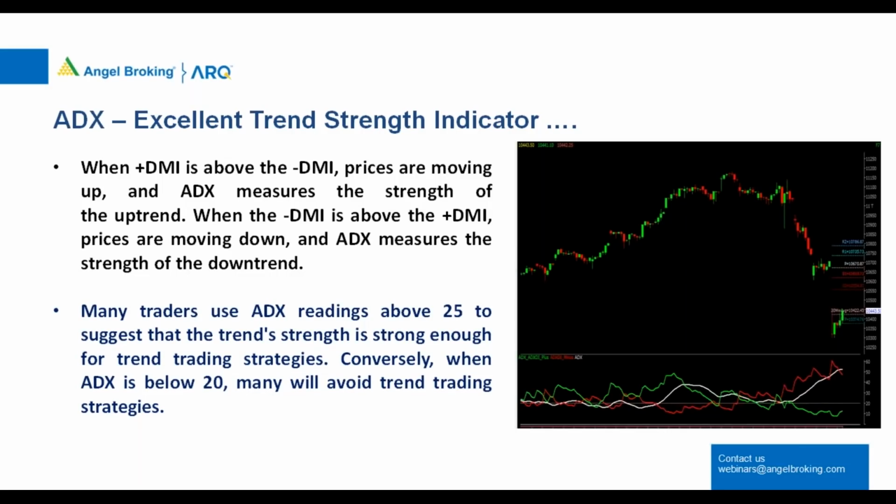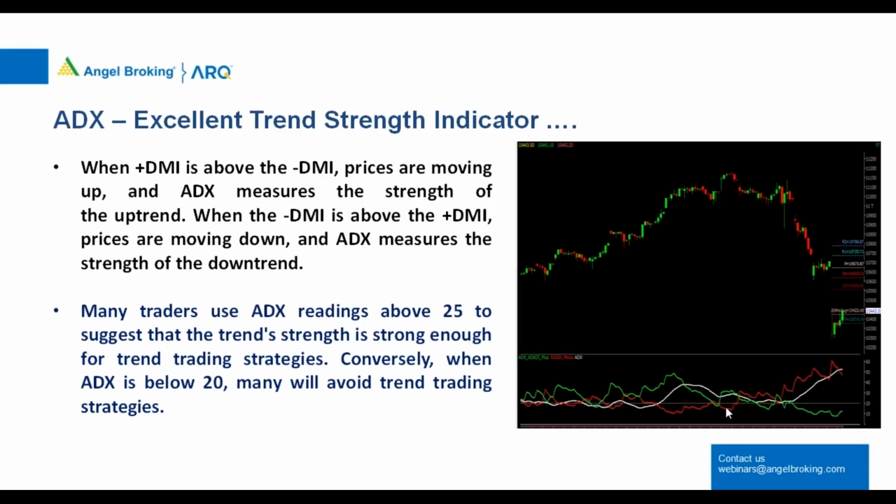It registers trend strength whether price is trending up or down. So if it is sloping up, that means the trend is strong, be it an uptrend or a downtrend. The indicator is usually plotted in the same window as the two directional movement indicators, DMI lines, from which ADX is derived.